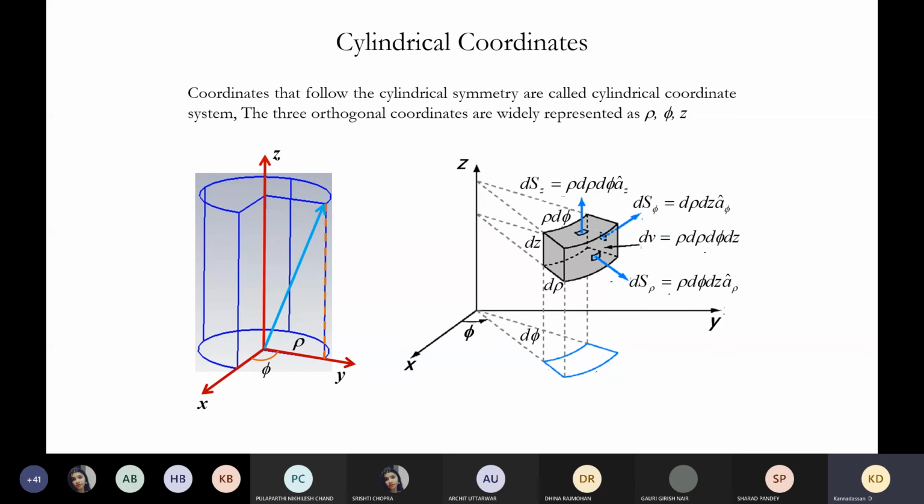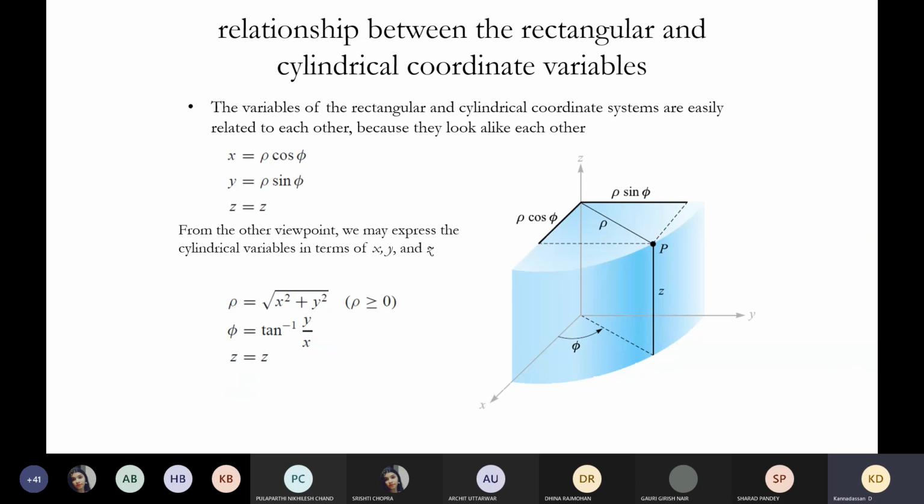This has the radius, height, and the angle. These 3 are also orthogonal to each other. You know how to convert from cylindrical to rectangular and rectangular to cylindrical, and I believe you know about that. The radius doesn't have any negative values. If there is a negative value, it simply tells the opposite direction, not lesser values or something like that.